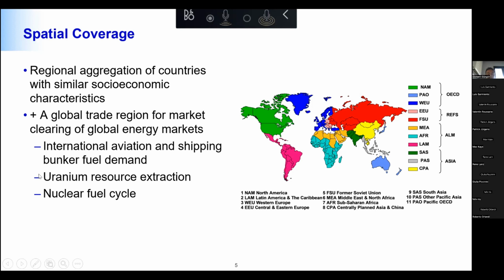We have in the nuclear power cycle the uranium resource extraction, which is interestingly mainly done in countries which do not generate nuclear power. And the nuclear fuel cycle is again an energy intensive sector.